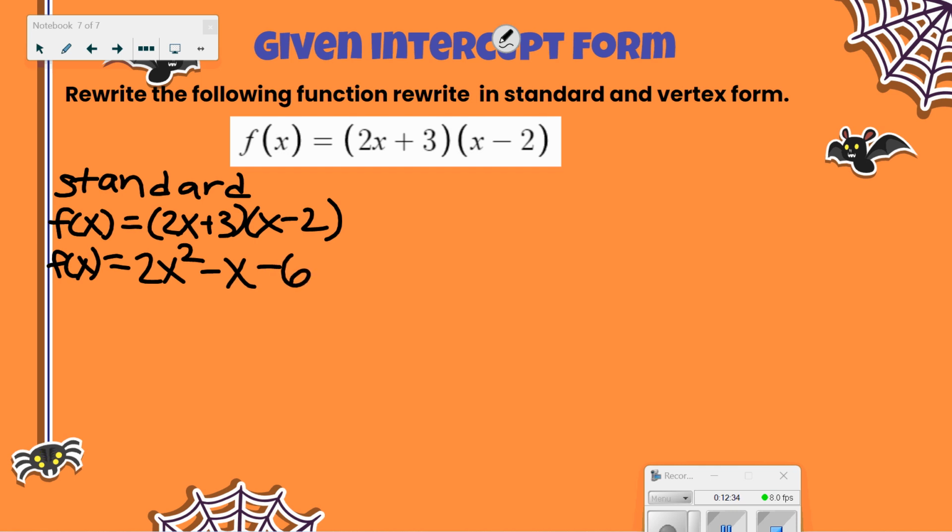So here, are we in standard form, everybody? Yes. Easy does it. Getting into standard form from intercepts form. Now let's talk about getting into vertex form.